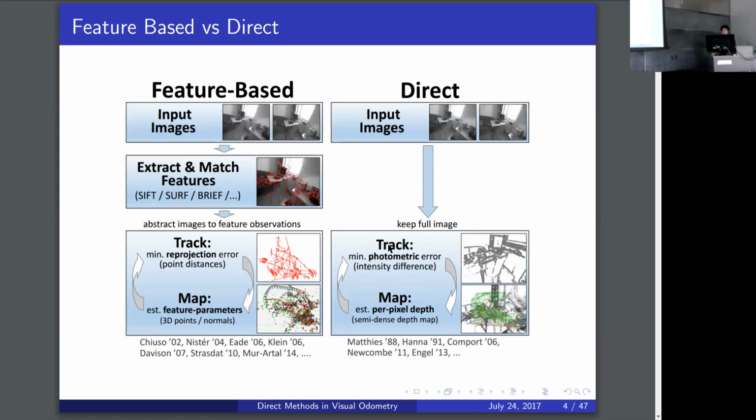We also perform the same tracking and mapping, but instead of minimizing the reprojection error as in the feature-based approach, we are now minimizing a photometric error in tracking. And the mapping is also different in both cases, which we'll dive into later.